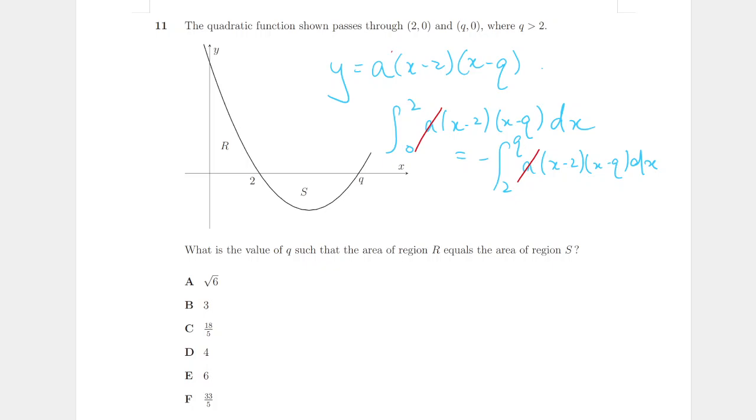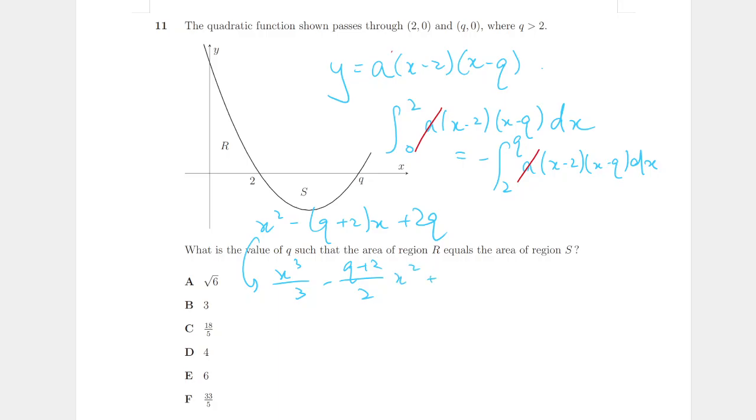Okay, and then now you just do integration, so this becomes, x squared, what is it? It's x squared minus (q plus 2)x plus 2q, right? So when you integrate, this becomes x cubed over 3 minus (q plus 2) over 2 times x squared, right?